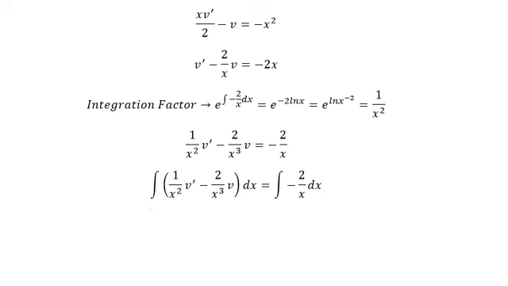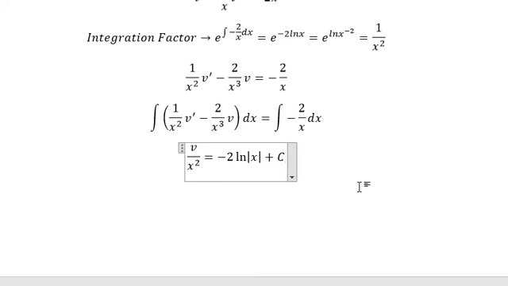This one we will get v over s squared. This one we get negative 2 ln of the absolute value of s, and we put c. Later, we multiply both sides by s to the power of 2.